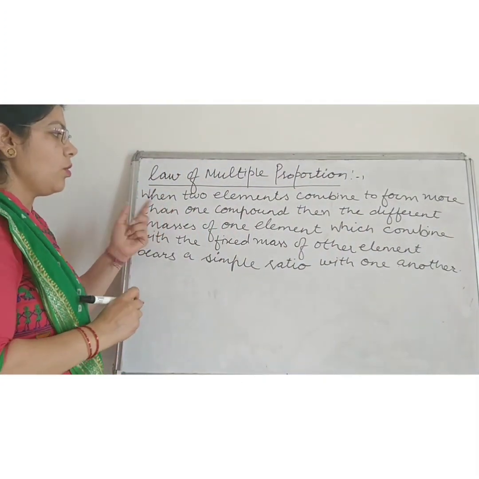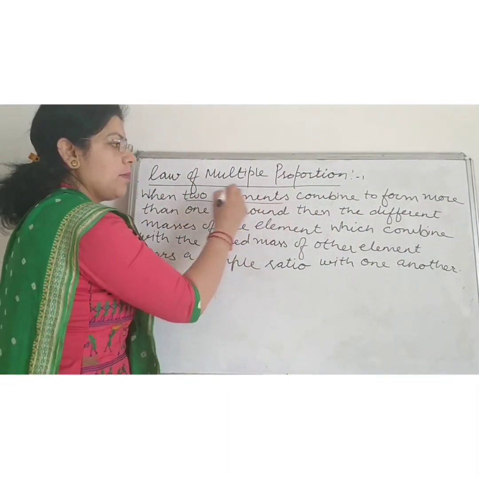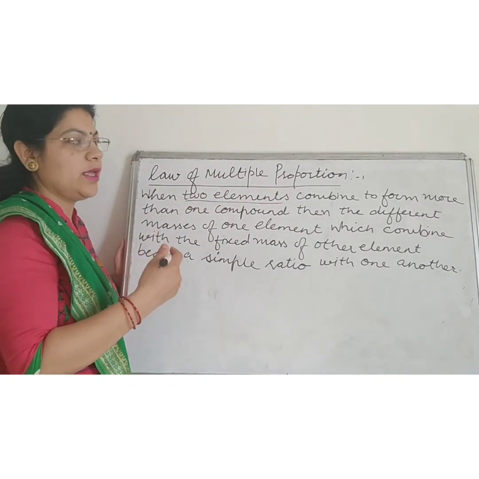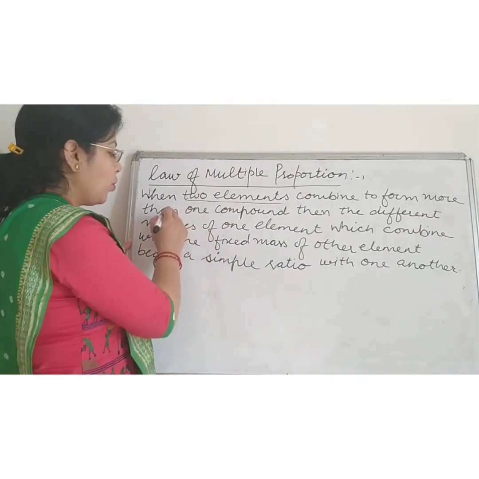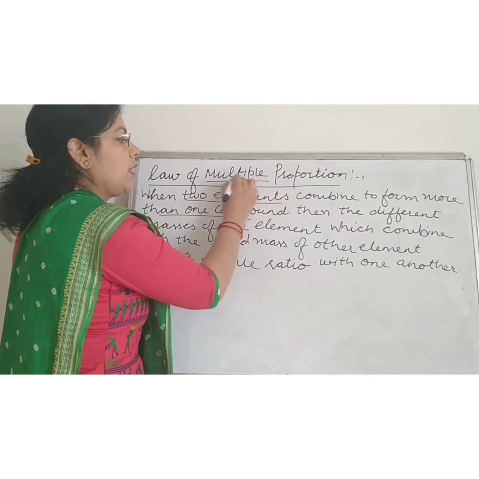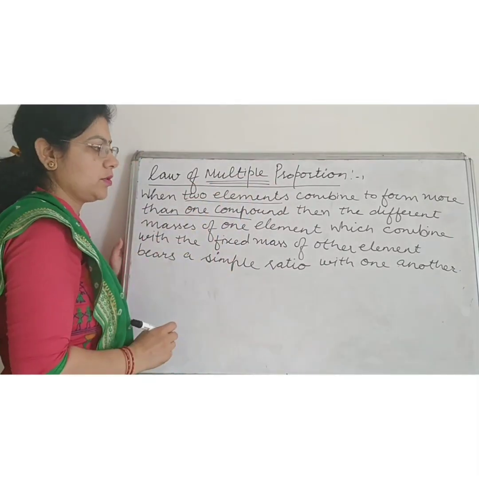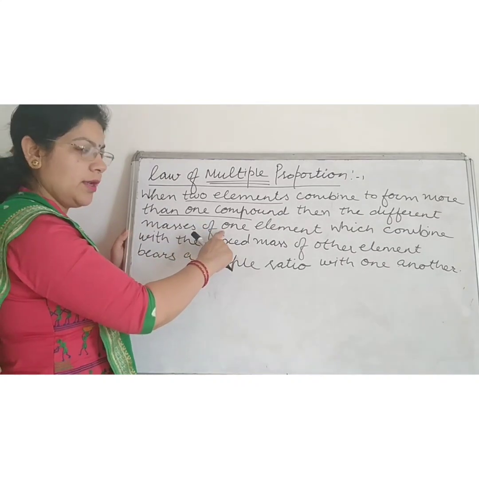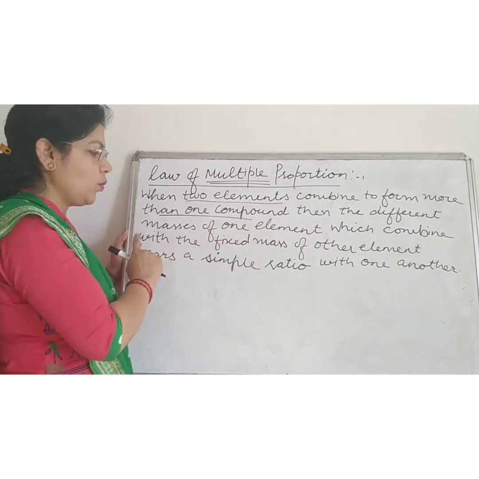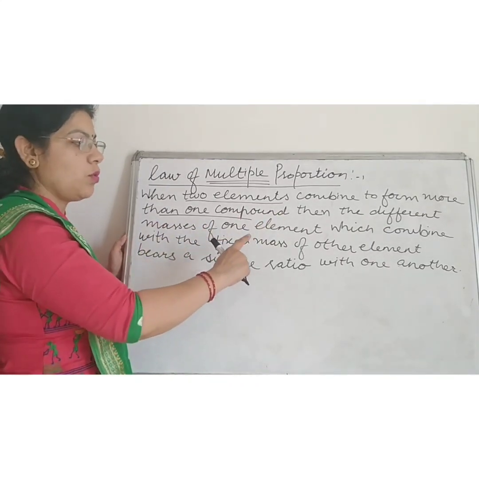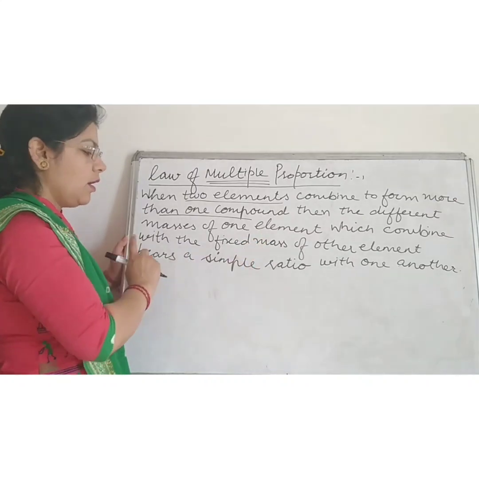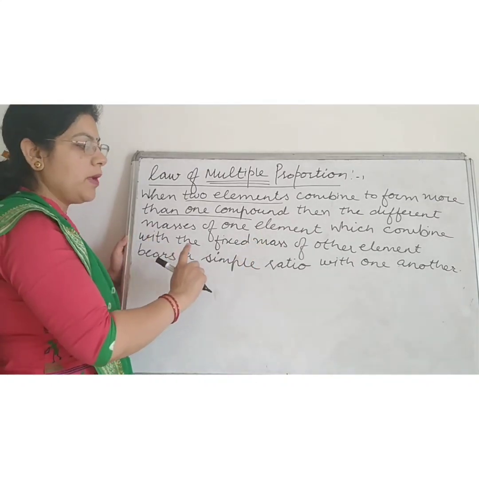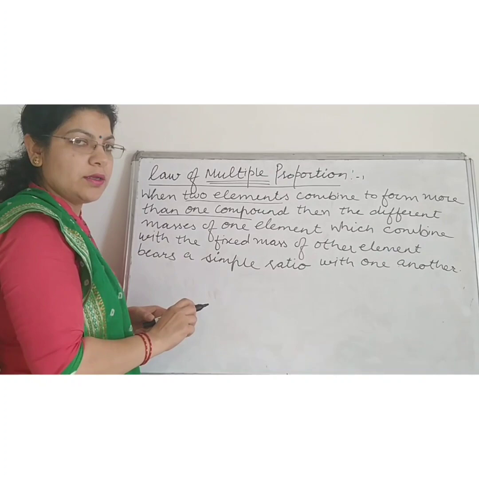According to this law, when two elements combine to form more than one compound, more than one compound means multiple compounds are formed. Then the different masses of one element which combine with the fixed mass of the other element bear a simple ratio with one another.